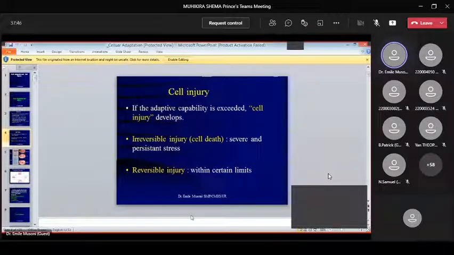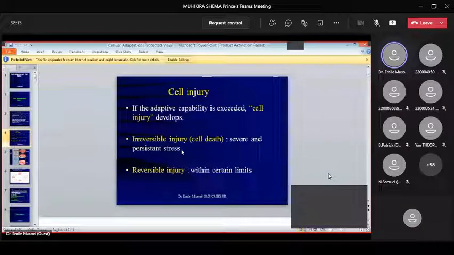So they say if adaptive capacity is exceeded, cell injury develops. Injury can be irreversible or reversible. For example, irreversible injury is like cell death. This one is due to the persistent stress.